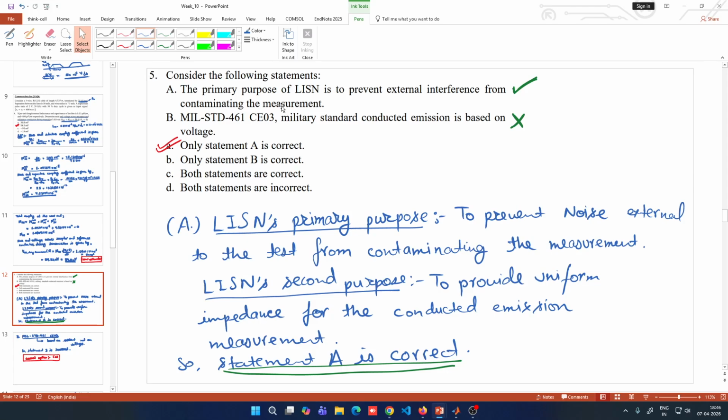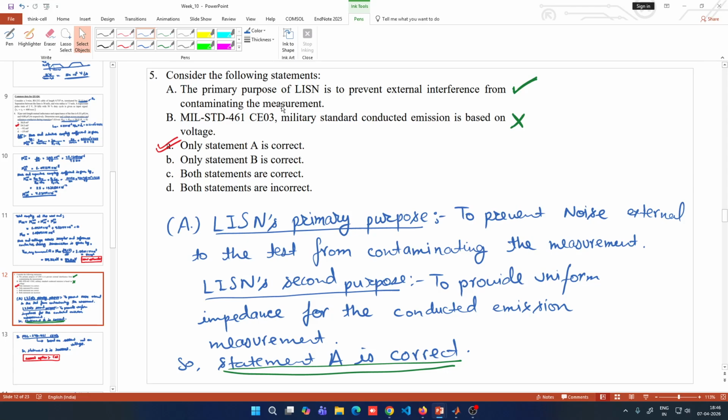This is correct, that's why we use LISN to prevent external interference from contaminating the measurement. If you are testing a device, let's say a device under test, some kind of a PC or a mobile phone, or some device which is connected to the electrical grid, we don't want the interference coming from the conducted wire or the grid to affect the measurement.